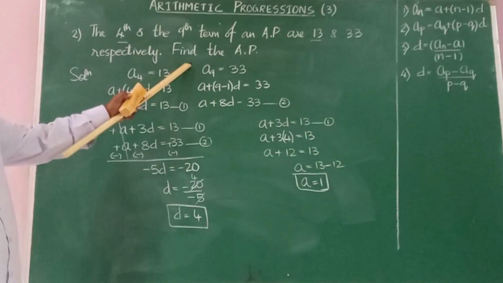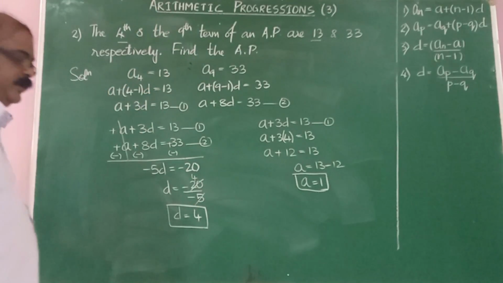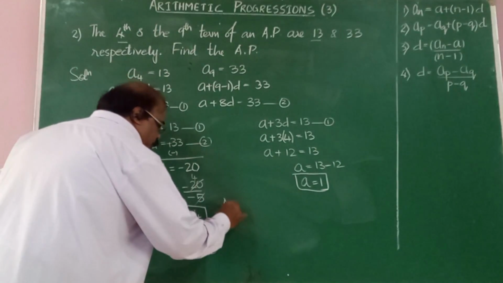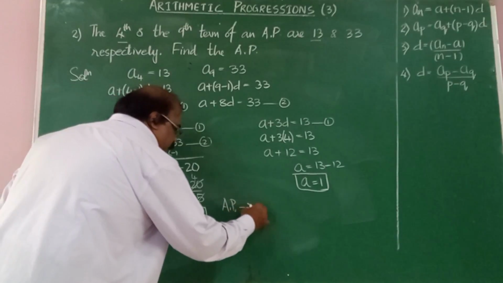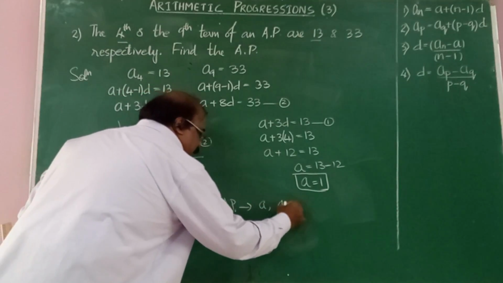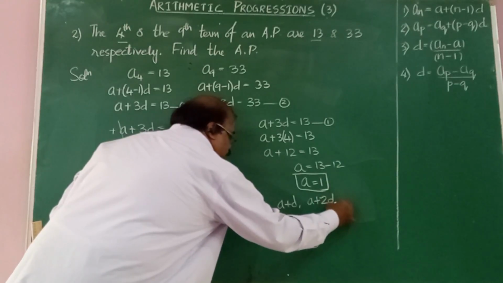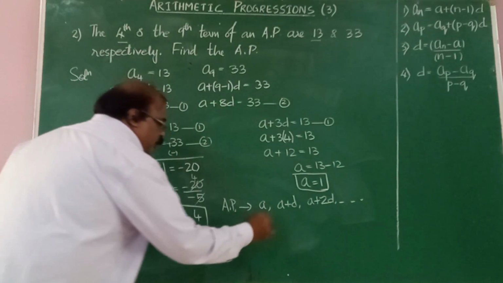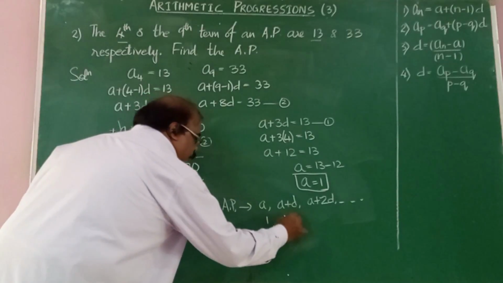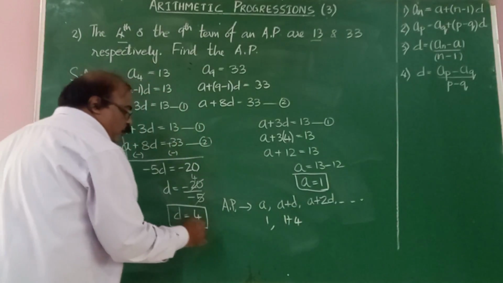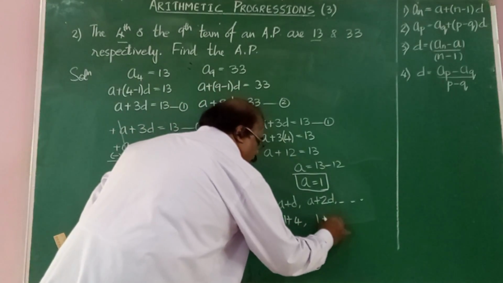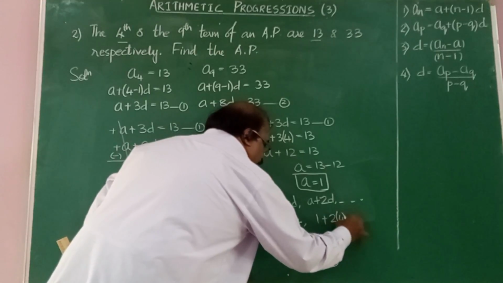I am asked to find out the arithmetic progression. So what's the arithmetic progression going to be? The first term you know is A, second term is A plus D, third term you know is A plus 2D and so on. So your answer is 1, 1 plus 4, 1 plus 2 times 4.